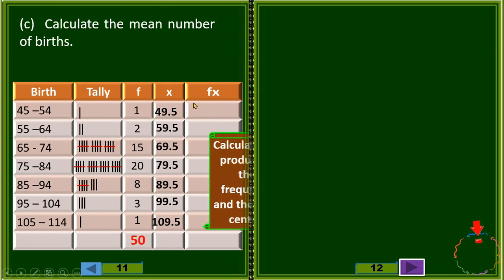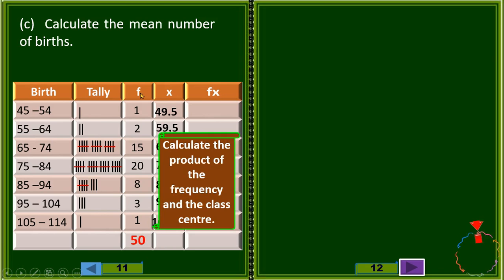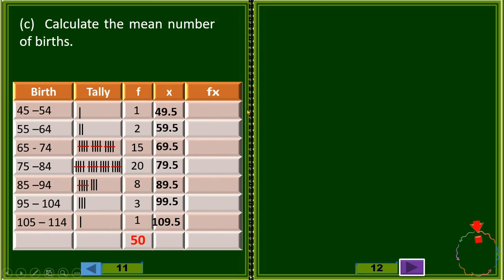Now we are going to find the product of the frequency and the class center. And this will enable us to calculate the mean. So for the first class, I'm going to calculate the product of this and this. 1 multiplied by 49.5. You can do this with your calculator. You have 49.5.